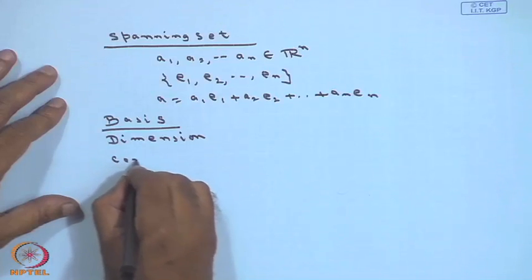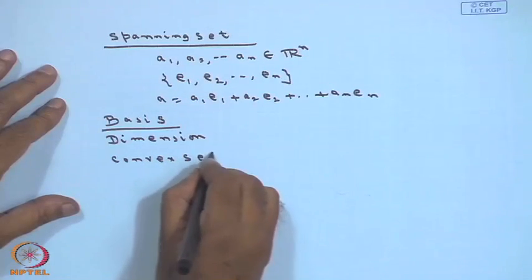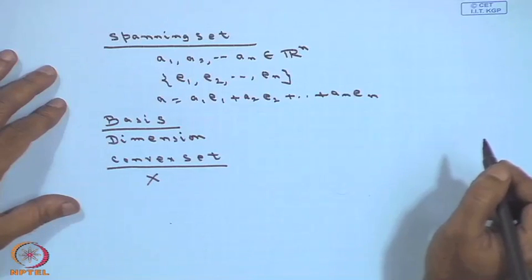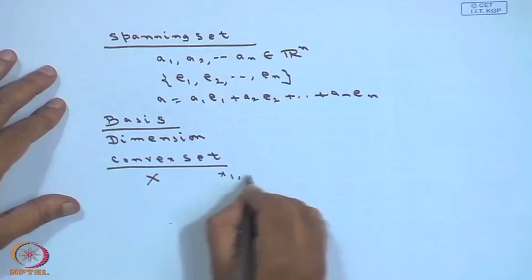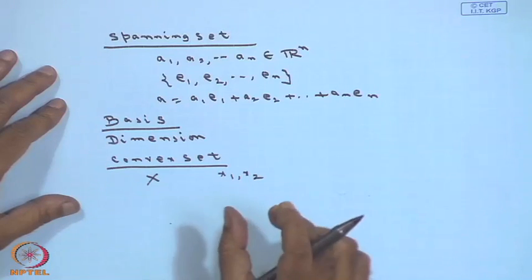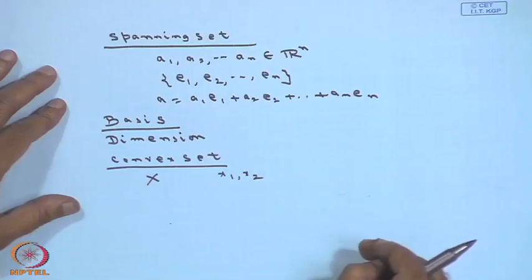Now, next comes the convex set. A set X is called a convex set if for any points x1, x2 which belong to X, the line segment joining x1 to x2 also lies in X. So, if the entire line segment joining any two points x1, x2 of X lies in the set X, then X is called a convex set.